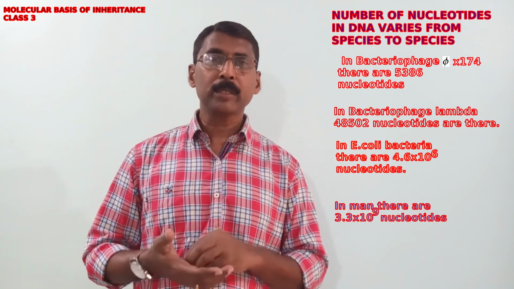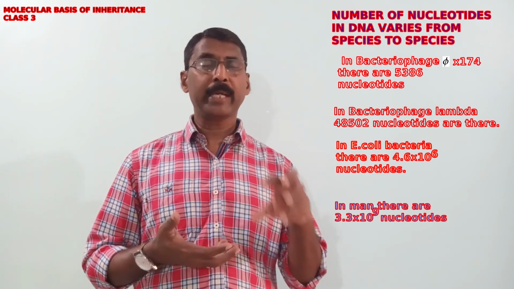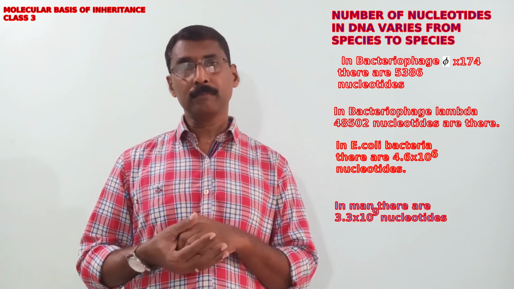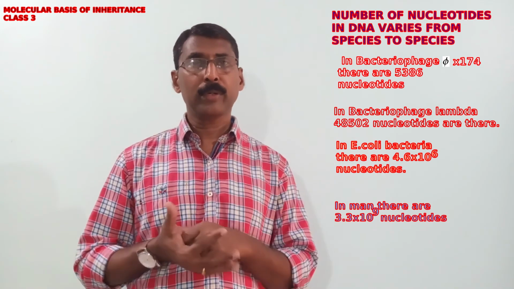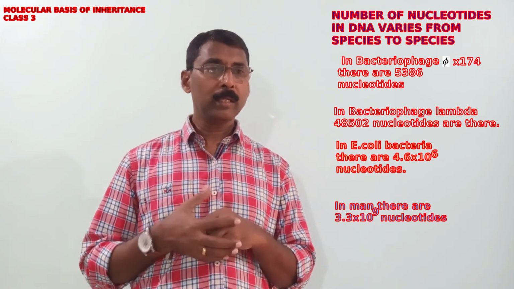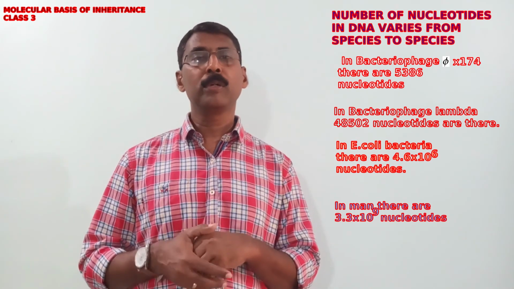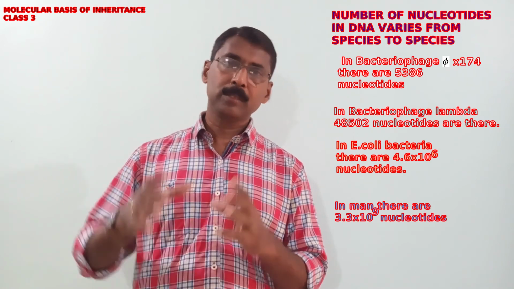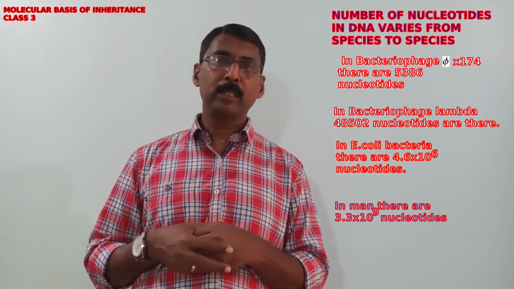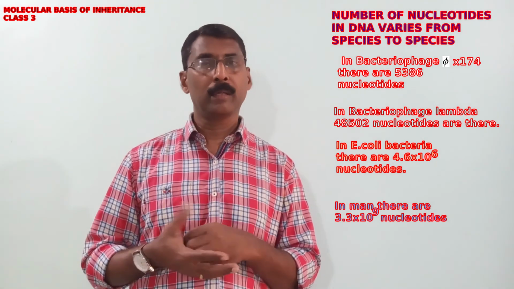In bacteria, in Escherichia coli, the number of nucleotides is 4.6 into 10 to the power of 6. A large number of nucleotides are present in the bacteria compared to these bacteriophages. That means the DNA is a lengthy DNA compared to the DNA of the bacteriophages phi X 174 and lambda.